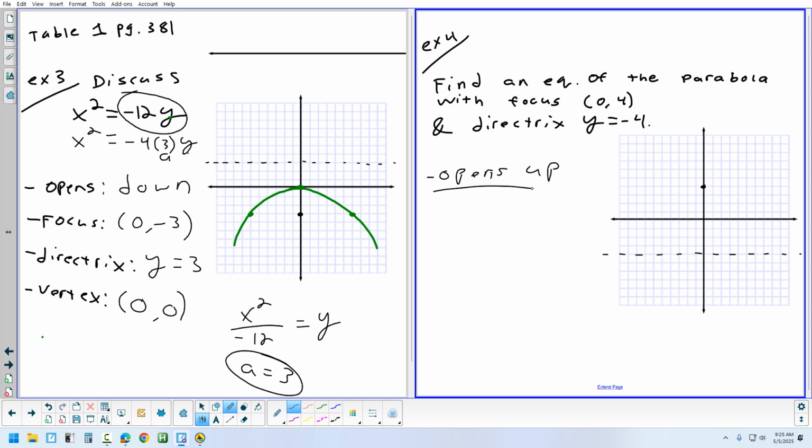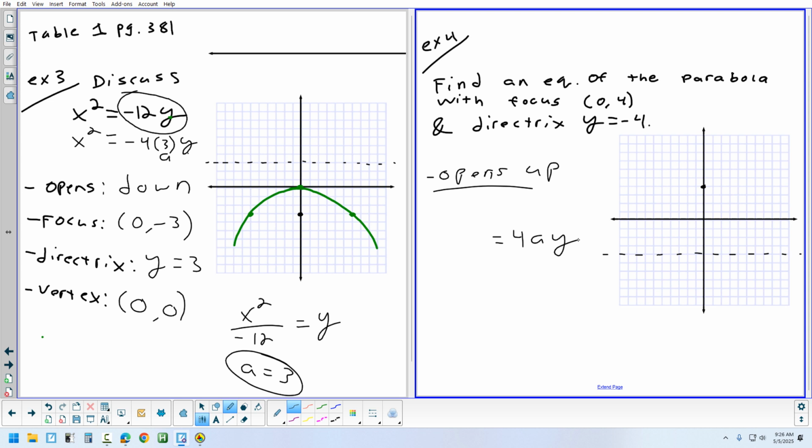Okay, they didn't ask you that. You didn't have to say it, but that's going to help you to figure out your equation. What goes on the right-hand side when it opens up? It definitely has an A. I know that. But I'm looking for the number and the letter. Yeah? 4 makes it open in the positive direction.